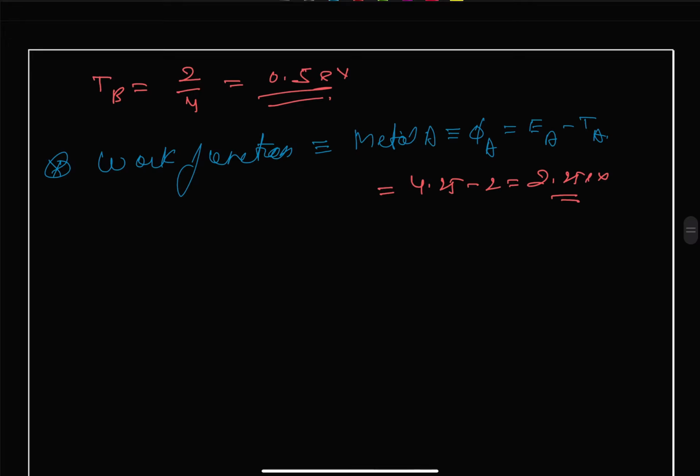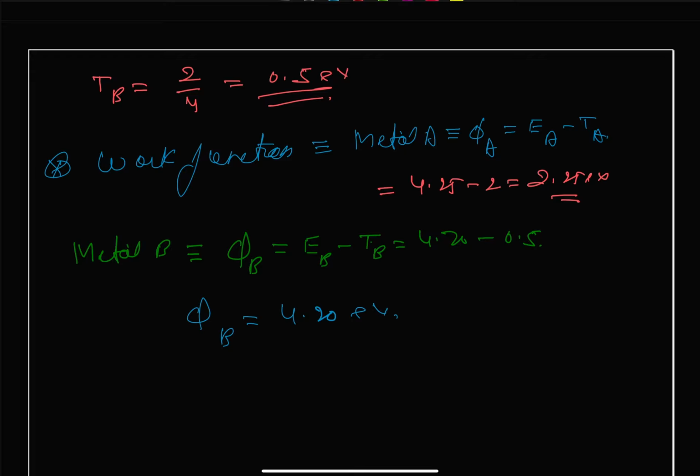And work function for B, so we can say metal B, work function phi B is equal to EB minus TB, which gives us 4.70 minus 0.5. So we get phi B is equal to 4.20 electron volt.